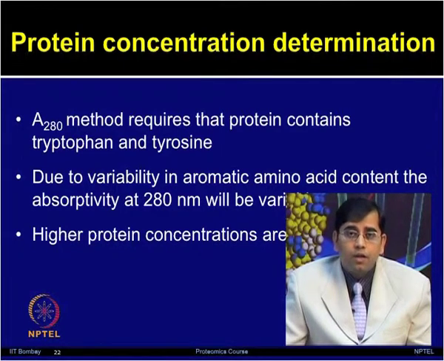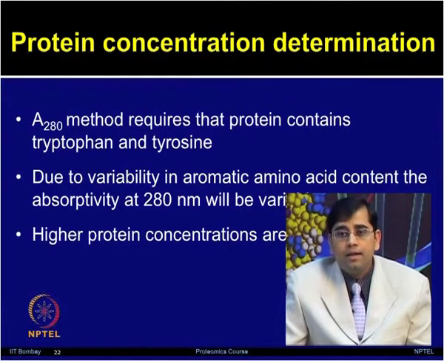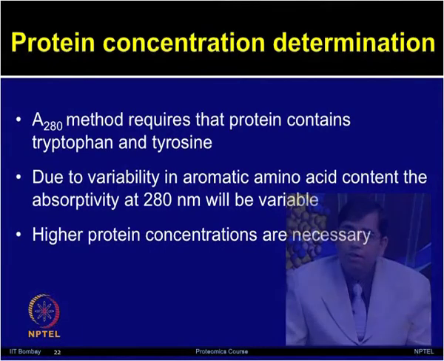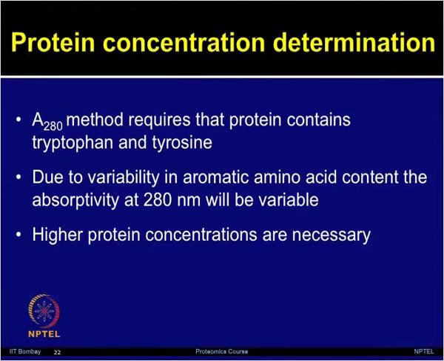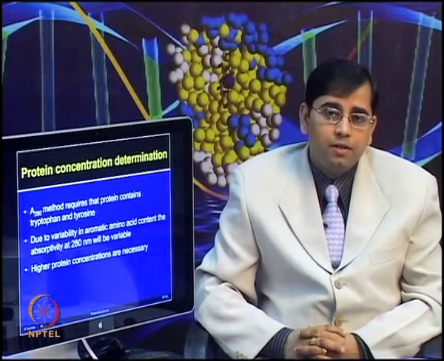Also, if you need very high protein concentration for your proteomic applications, then this method is again a limiting factor. Higher protein concentration is not always possible to obtain from your sample, so you need to quantify the proteins even if you have a lower protein concentration. So, this method has some limitations.